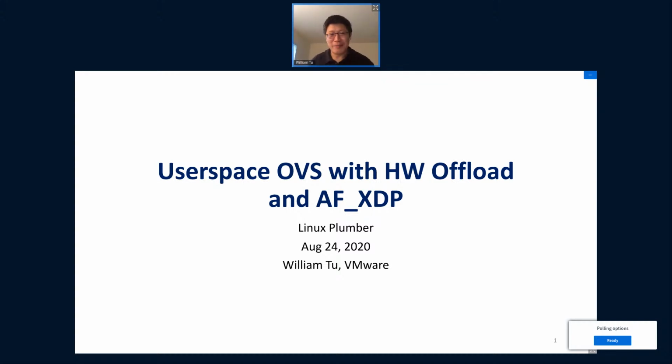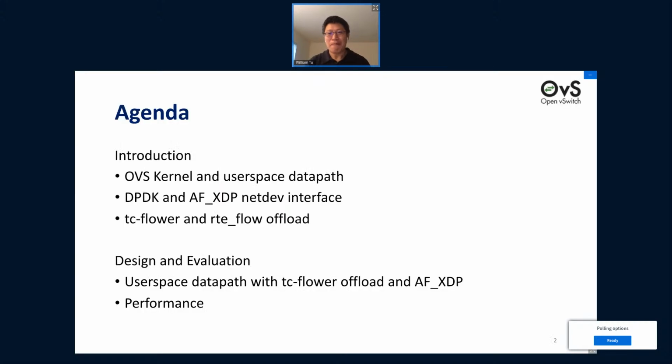Okay, thank you. So, hello everyone, I am William Chu. Today I'm going to talk about user space OVS with hardware offload and AFXDP. First I'll give some introduction about the OVS kernel module and OVS user space data path.